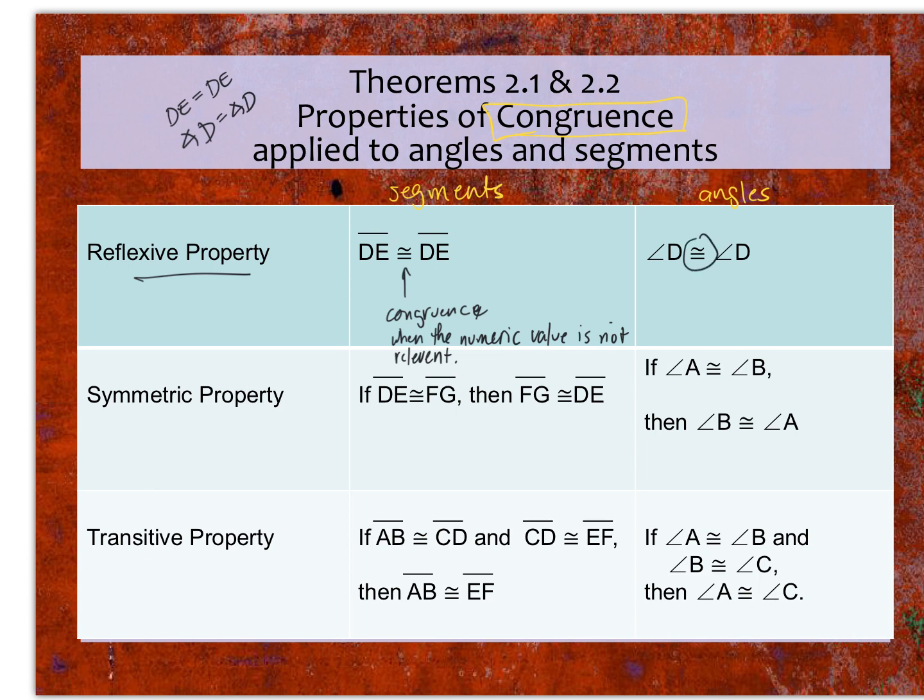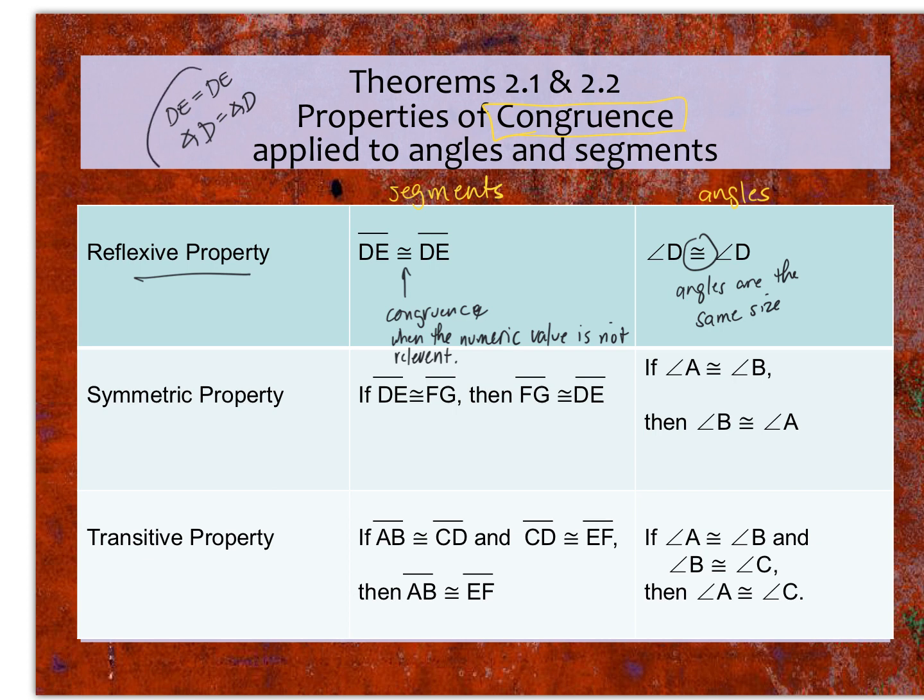We use congruence when we want to say that the angles are the same size. Again, we don't need to know, and we don't really care what the size is. We don't need to know that it's 105 degrees or 65 degrees or whatever.